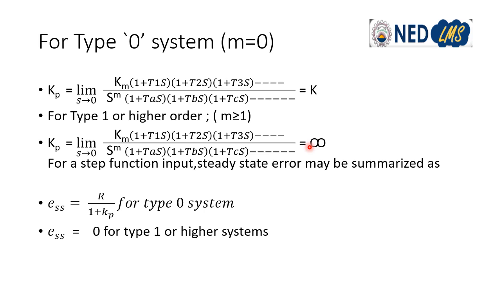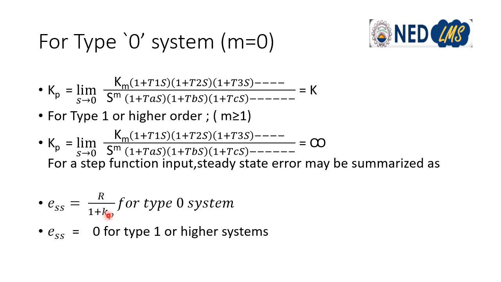It is K for a type 0 system. So we can define for a type 0 system, steady state error will be equal to R upon 1 plus Kp. This formula is specific for a step function input, because we have written here Kp, and for type 0, because we know that the step error constant is infinity for other types of control systems, that is for m equals 1 and greater.